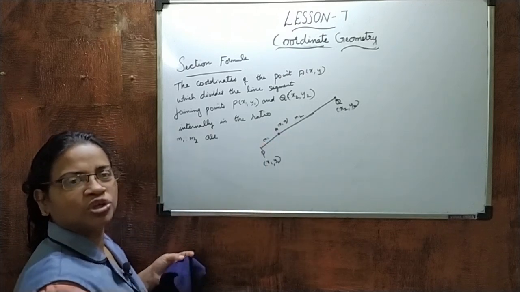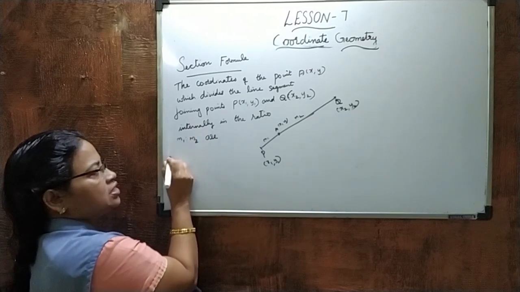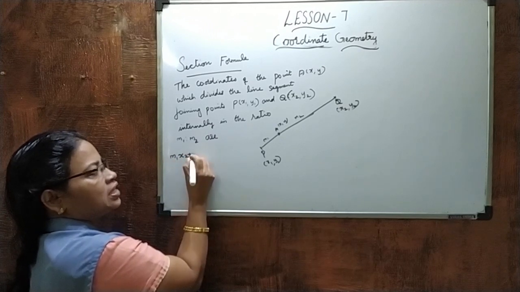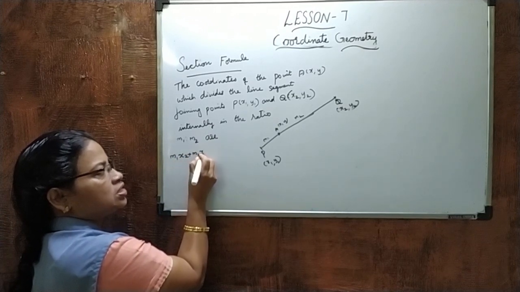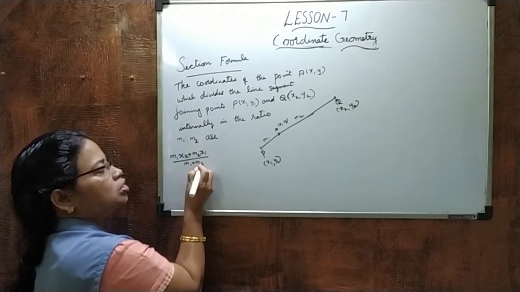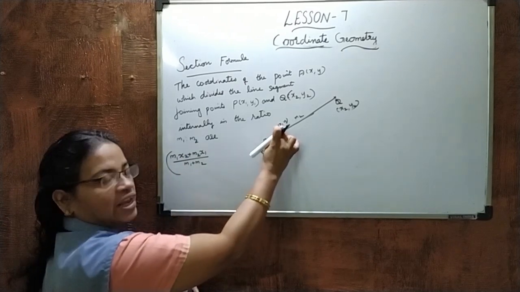The formula we are going to use is the section formula, and which is that? It is m1 x2 plus m2 x1 divided by m1 plus m2. This is the formula for finding the x coordinate.